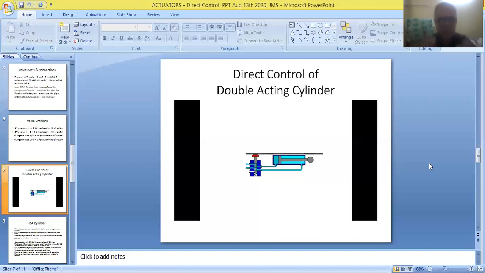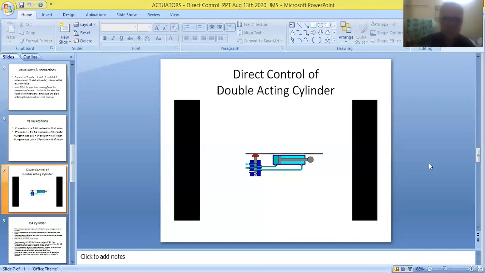So this is the wonderful arrangement made for supplying fluid from one side of the cylinder and at the same time for receiving fluid from the other side of the cylinder. So this is used for moving the cylinder in to and fro directions.